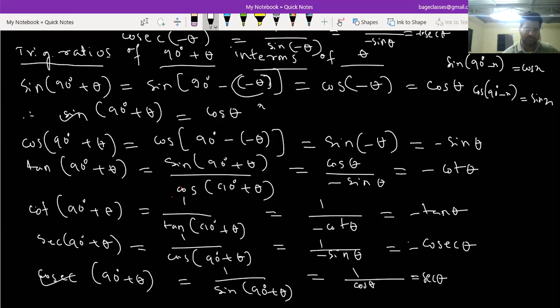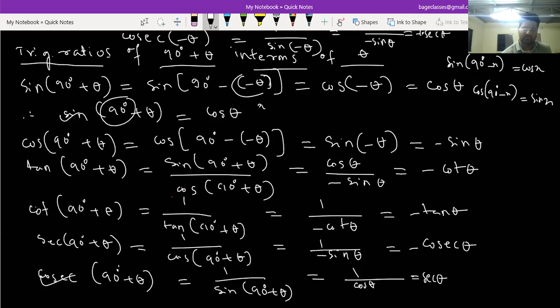All functions are negative except sine and cosec. One more thing observed, that is here 90. If I use the quadrant angle as 90, then sine will become cos, cos becomes sine, tan becomes cot, cot becomes tan, sec becomes cosec, cosec becomes sec.